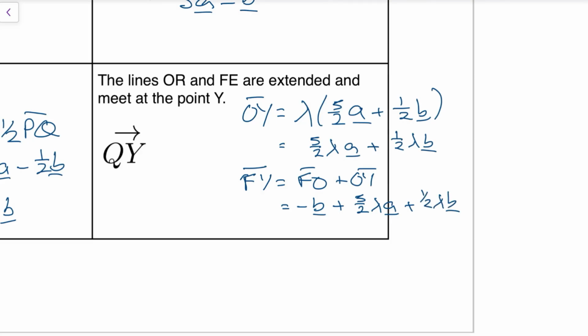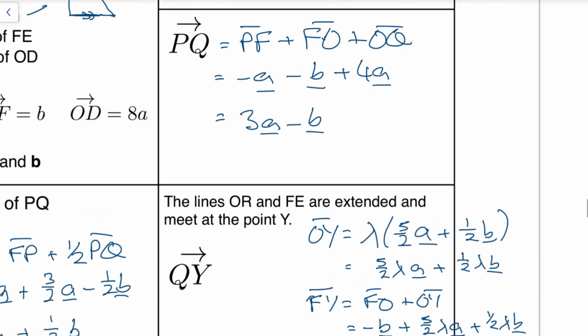Now, let's just collect these terms: 5 over 2 lambda a plus, well, it's going to be a half lambda minus 1 lots of b. Let's have a look at what F to Y is.